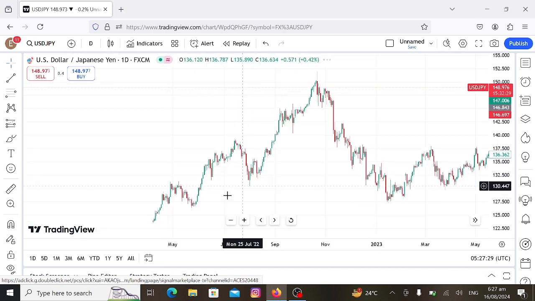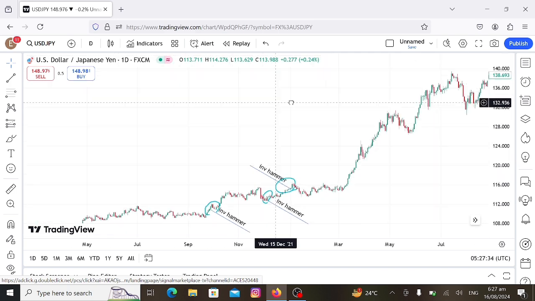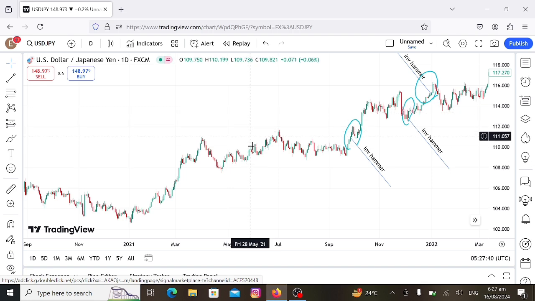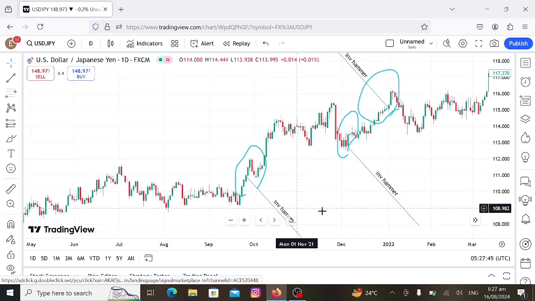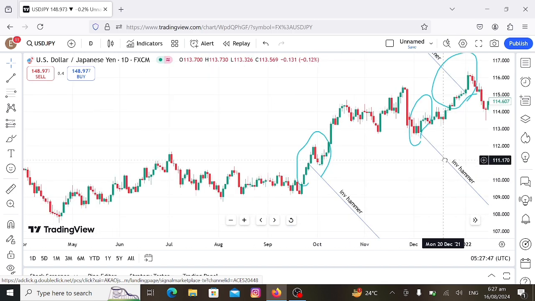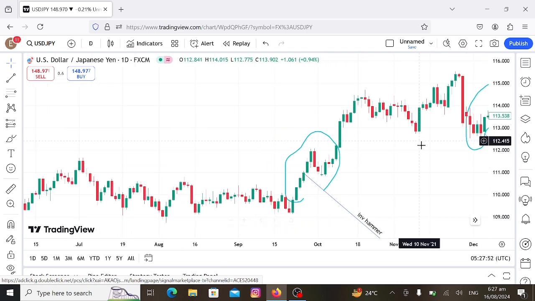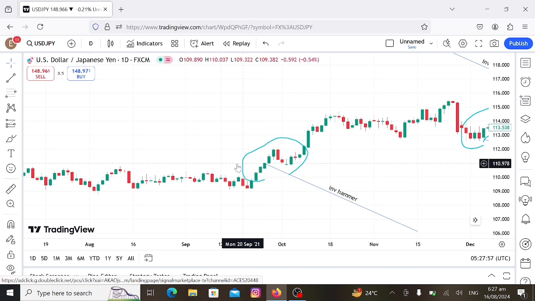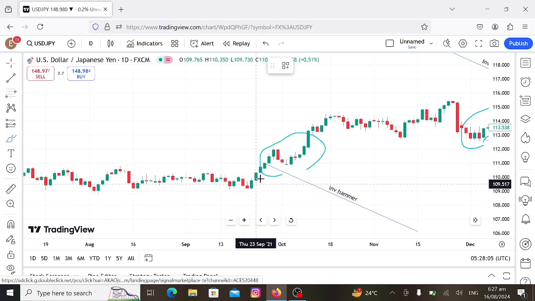So let's put on engulfing. Alright. So this place now, see a very perfect example for engulfing.